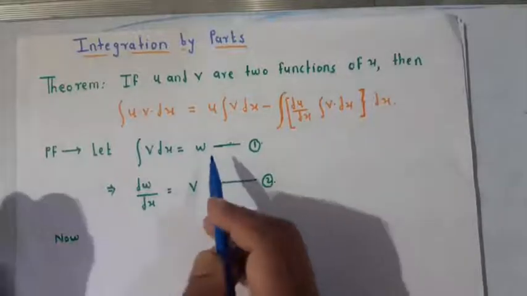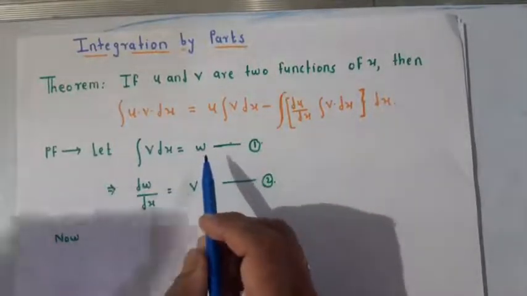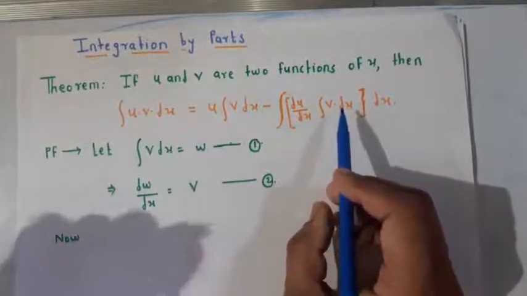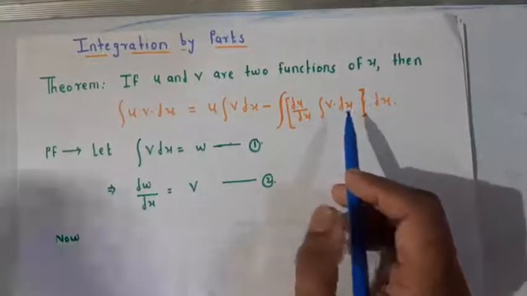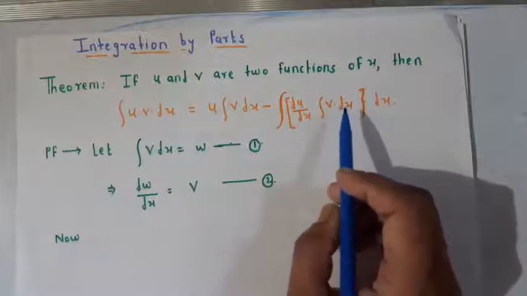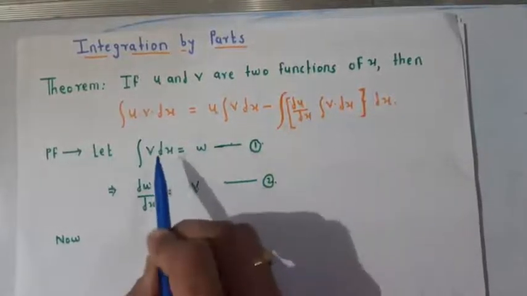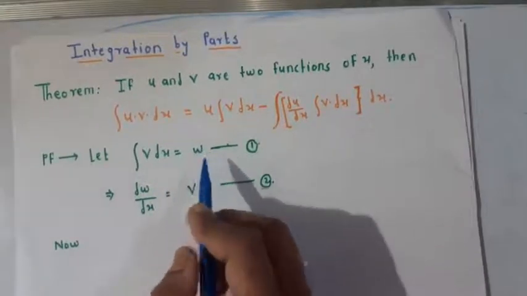Okay students, to prove this theorem, first remember this statement, which is very important for solving the problems. Remember that the integration of v with respect to x is w.